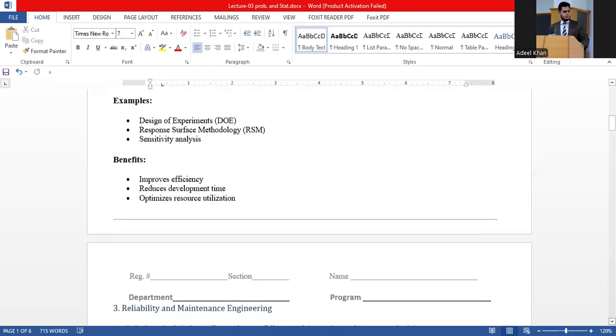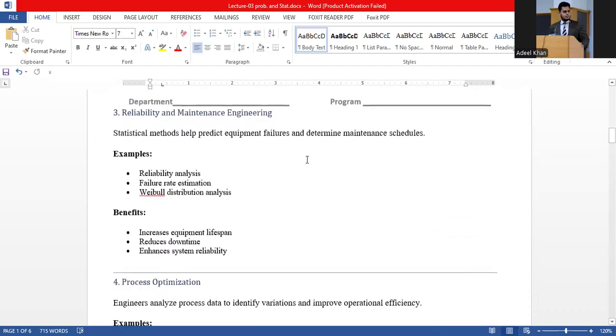So further, the third application of statistical analysis in engineering and technology is reliability and maintenance engineering. Statistical methods help predict equipment failures and determine maintenance schedules. So the data provides the scheduling, and by this schedule we can manage the maintenance of the equipment.